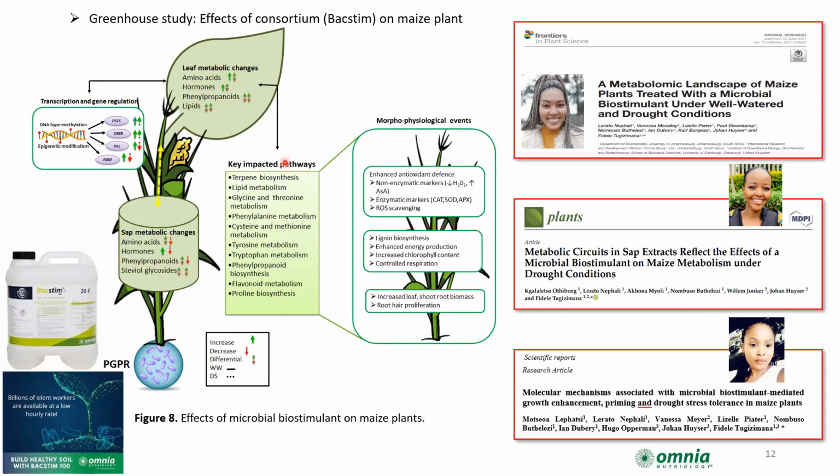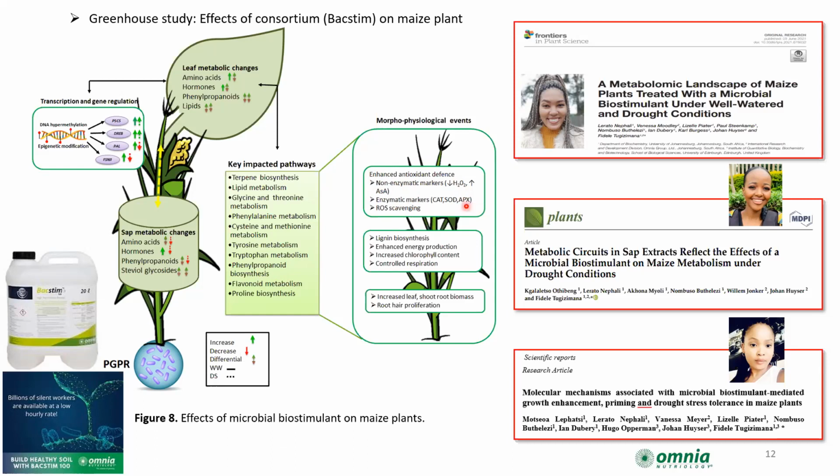And we also went on to perform pathway analysis, and we found that one of the key impacted pathways was phenylpropanoid biosynthesis, and this is related to enhanced antioxidant defense. And we also confirmed this by measuring some of the non-enzymatic and enzymatic markers as well, and they did correspond to what we found at the metabolite level.